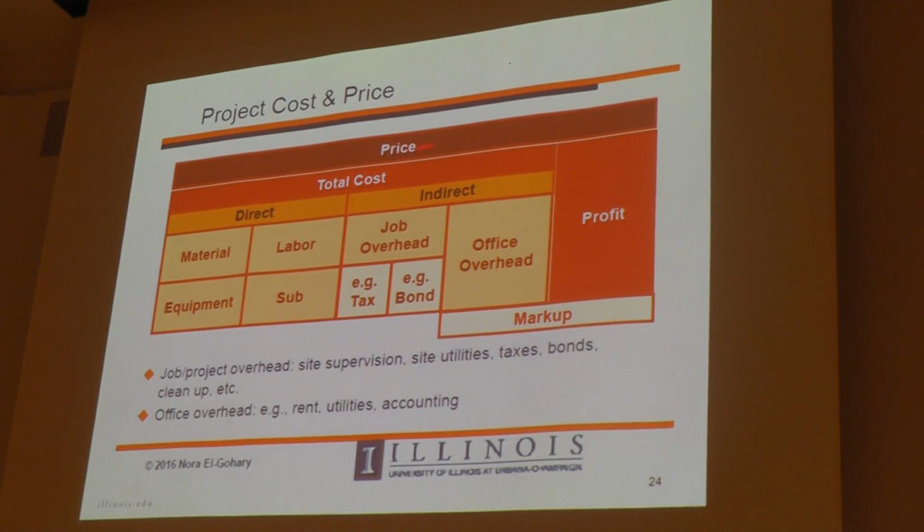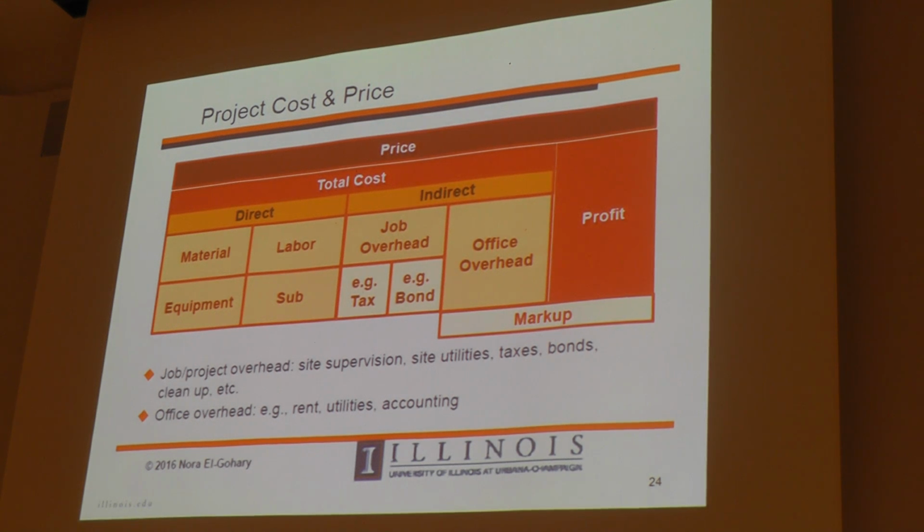Let's again look at, I think you are all familiar with this slide. The direct cost is comprised of material, labor, equipment, subcontractor. Indirect cost, we consider job overhead, for example, tax and bond.